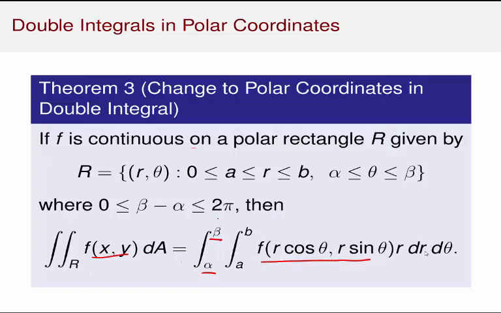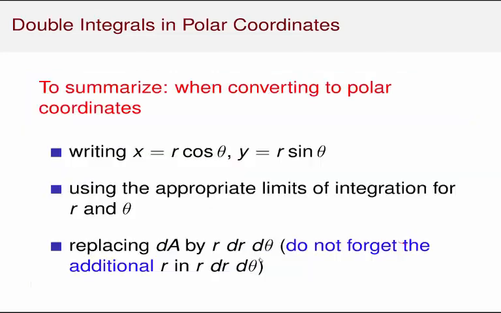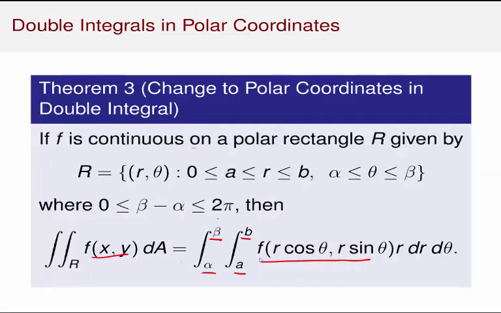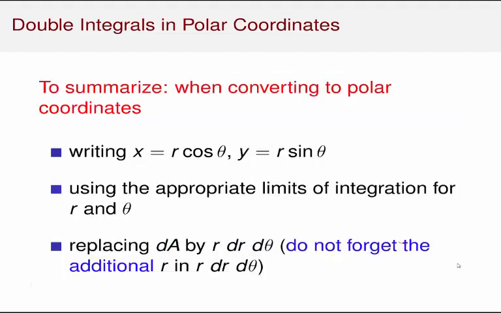Whereas the limits of integrations for r are given by a in the lower bound and b in the upper bound. And finally, the term dA on the left hand side is replaced by the term r dr d theta. So do not forget the additional r when converting to polar coordinates.